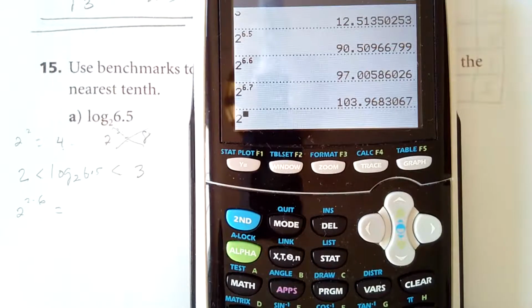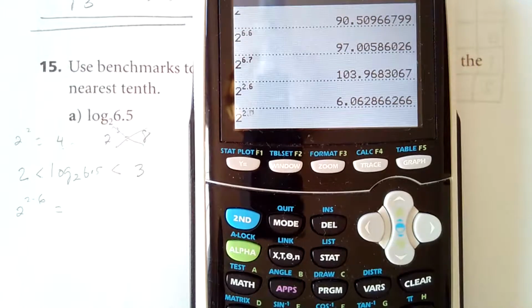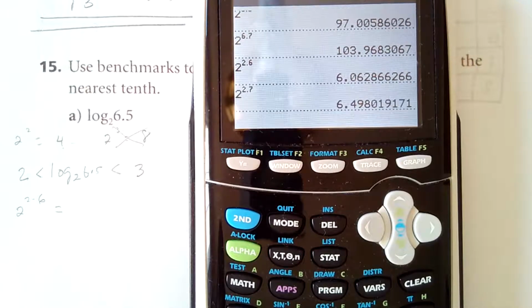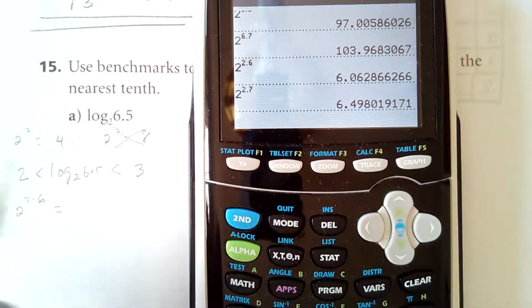2 to the power 2.6 is 6.06, then try 2.7. So 2 to the power 2.7 is 6.49. That's much closer. It's not above it. It's much closer than 2.6. So we can compare them.